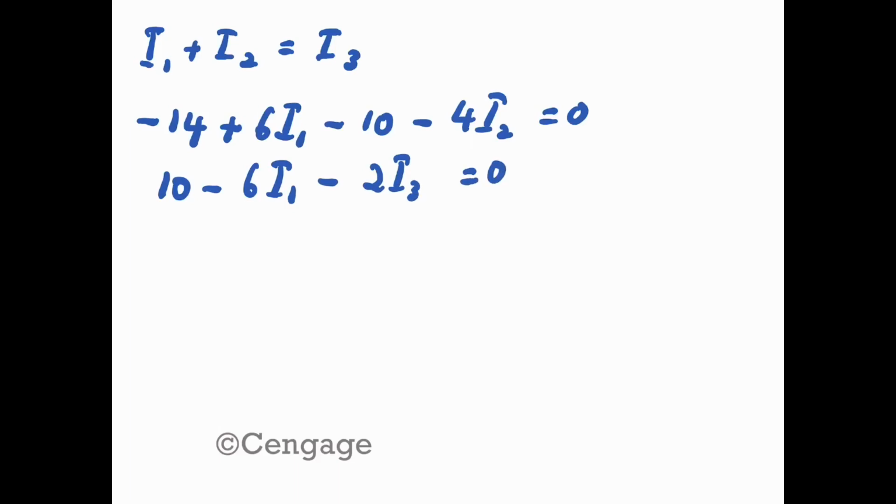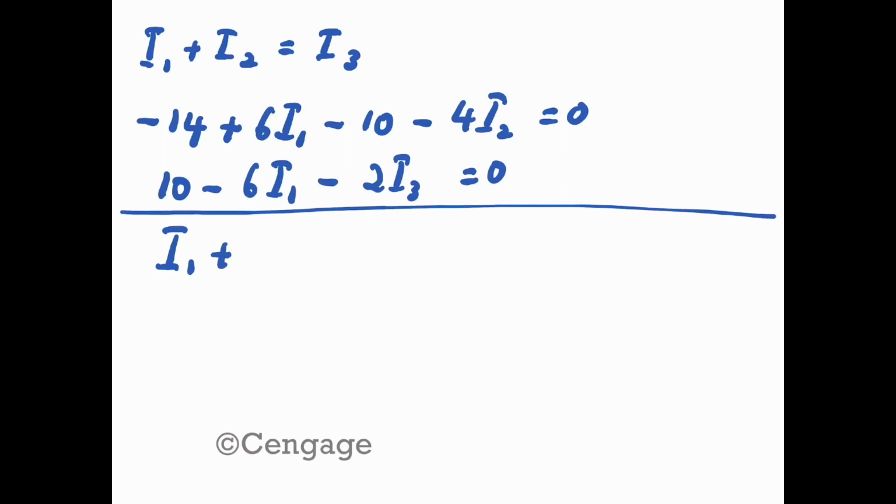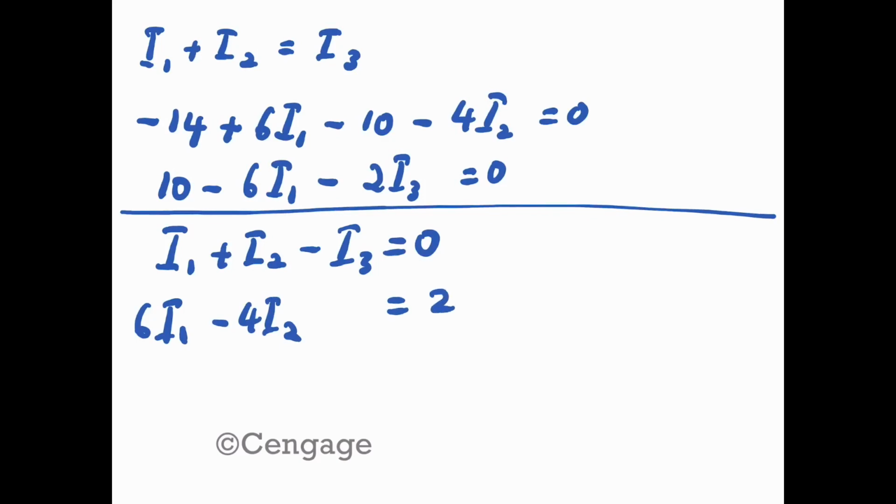So let us rearrange this to be like this. I1 plus I2 minus I3 equals 0. The second one, 6I1 minus 4I2 equals 24.